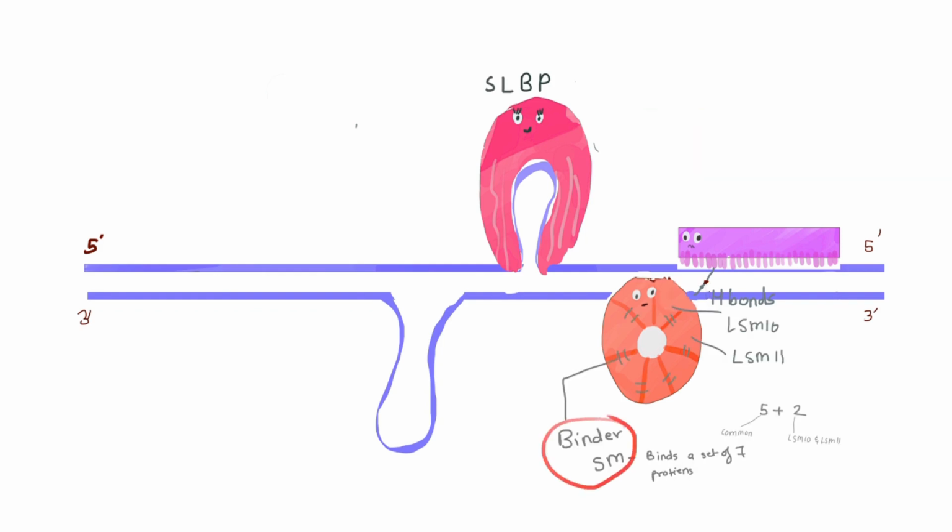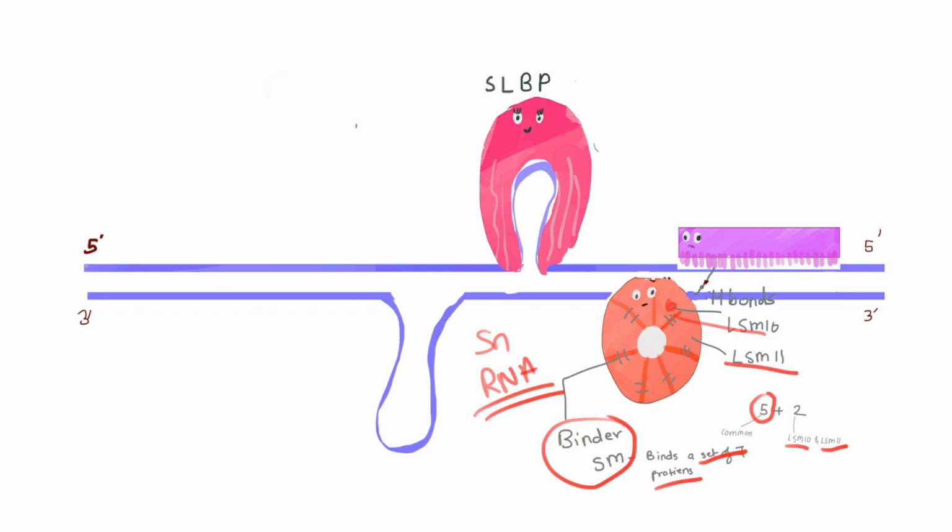The Sm binder binds a set of 7 proteins in a configuration of 5 plus 2. 5 being common or conserved proteins that are present in most of the snRNAs, or small nuclear RNAs, and the other 2, namely LSM10 and LSM11, that are present right here. So LSM10 and LSM11.